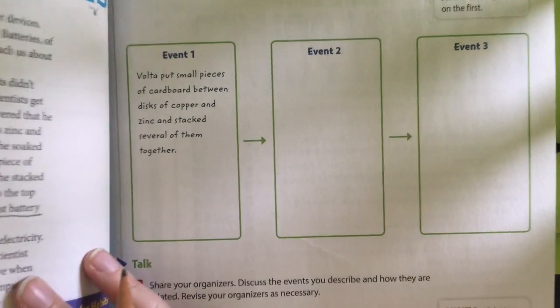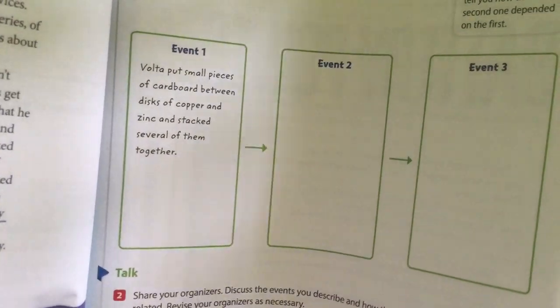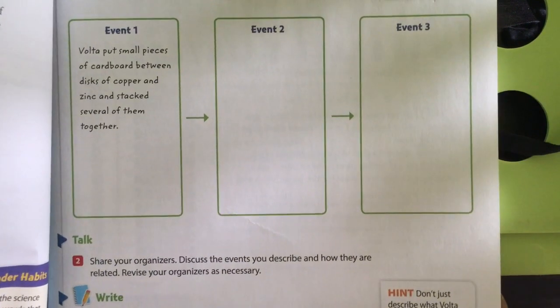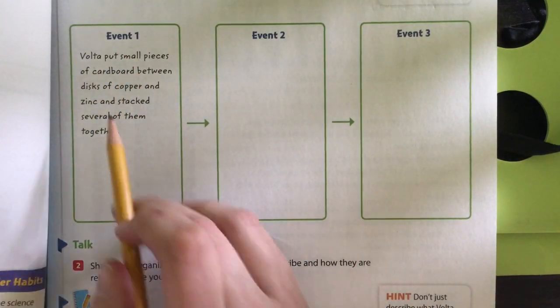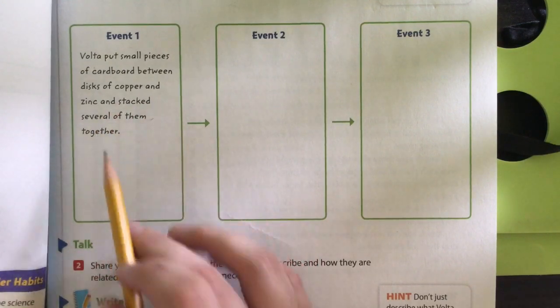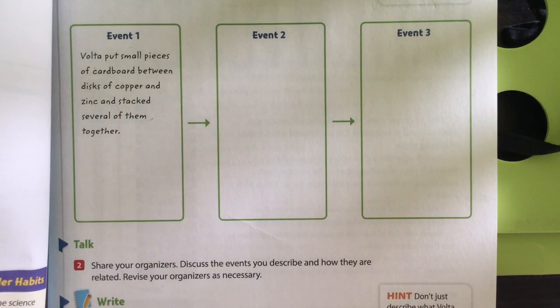Now, our little organizer on the other side, so it looks just like the other one we completed, event 1, 2, and 3. Event 1, Volta put small pieces of cardboard between the discs of copper and zinc and stacked several of them together. Well, when we looked back, what was the thing that he did after that?